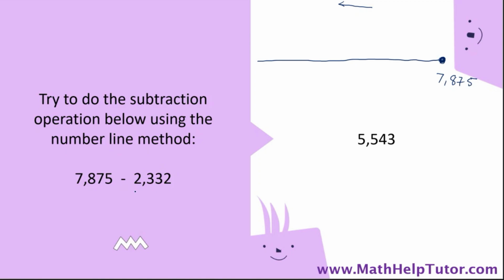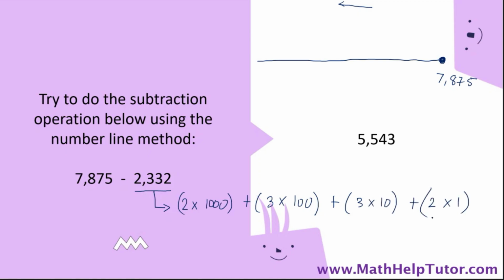So it's much easier to skip count. We're going to break down this number into its expanded form. So there are 2 1,000s, and there are 3 100s, and 3 tens, and 2 ones. Next, let's skip count. Let's start with the thousands place.